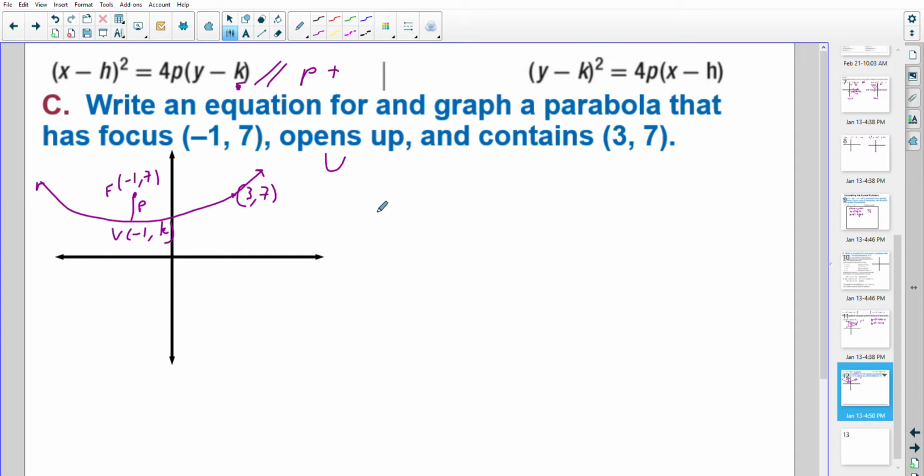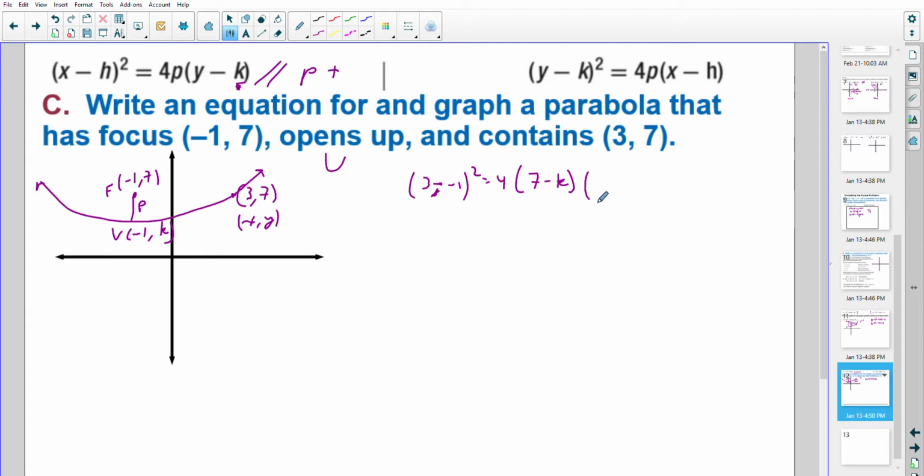So my x-coordinate, this is going to be your x, y. The x-coordinate is 3, and then it's going to be minus, and your h-coordinate is negative 1 squared equals 4, and your p-value is the difference between 7 and k. When I'm subtracting these, 7 and k, I really want to write down 7 minus k. I don't know what k is. That's going to be the variable I'm solving for.